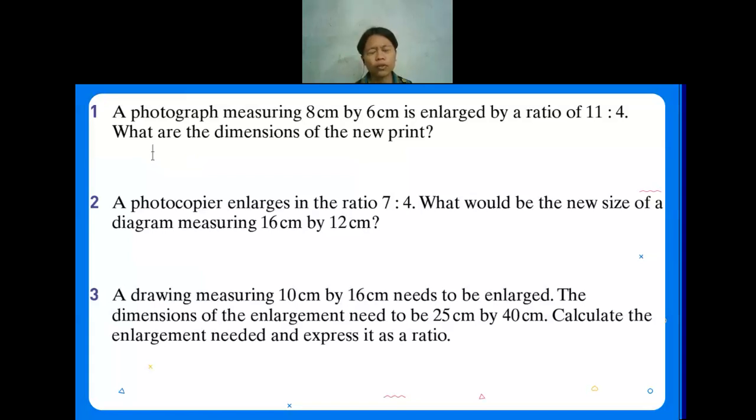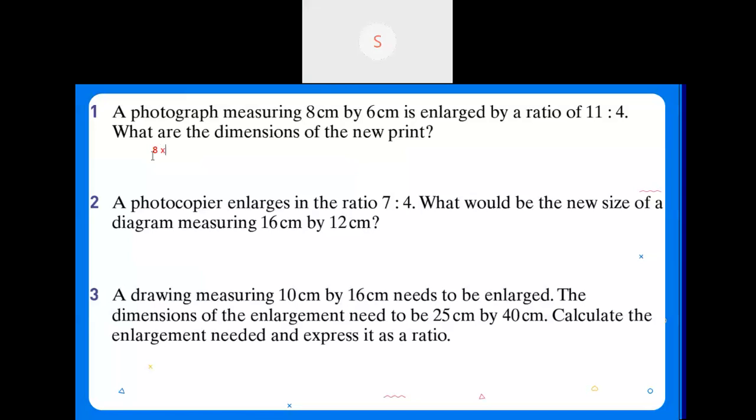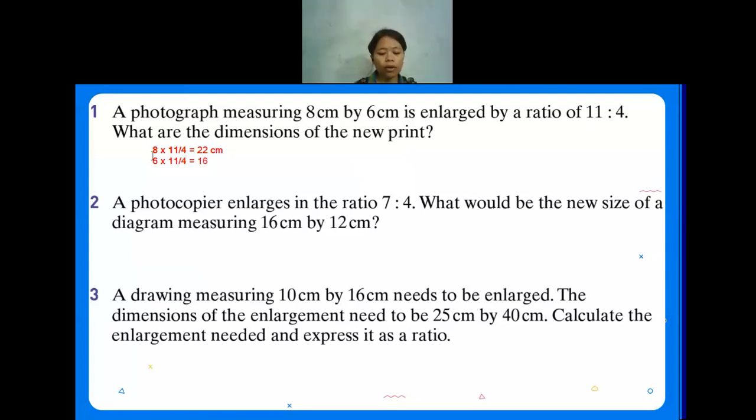For the 8 centimeter, we multiply 8 by 11 over 4, which equals 22 centimeter. For the 6 centimeter, we multiply it by 11 over 4, which equals 16.5. So the new dimension is 22 centimeter by 16.5 centimeter.